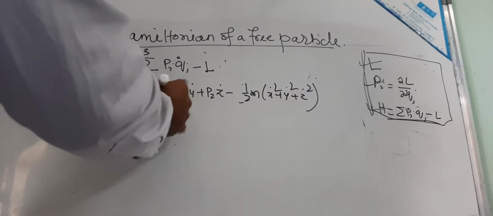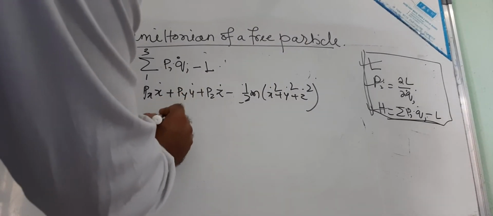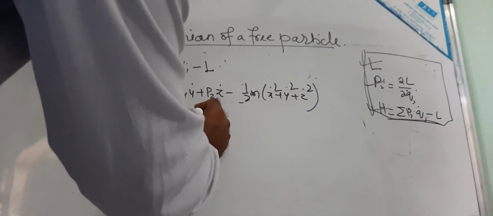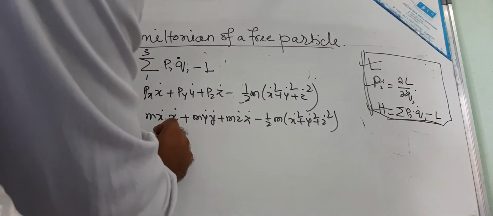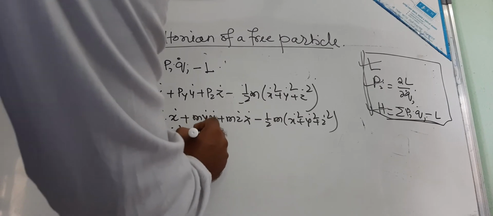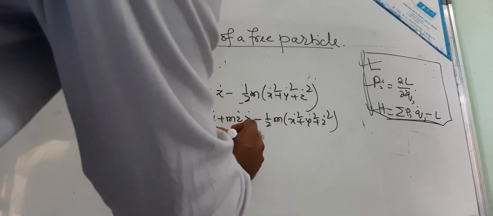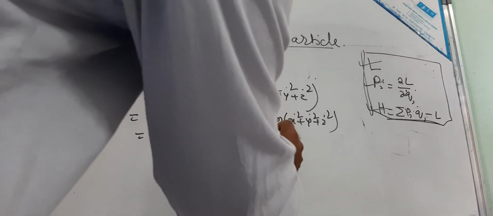So Px: we have got m x dot into x dot plus m y dot into y dot plus m z dot into z dot, minus half m (x dot square plus y dot square plus z dot square). So m x dot square plus m y dot square plus m z dot square minus half m (x dot square plus y dot square plus z dot square).